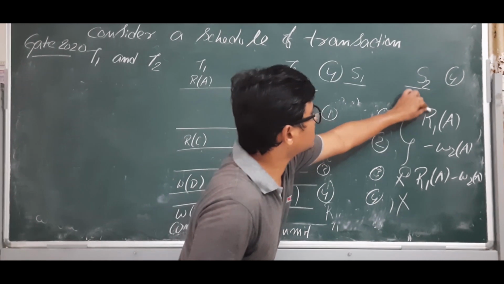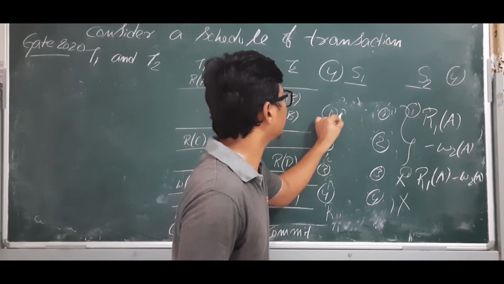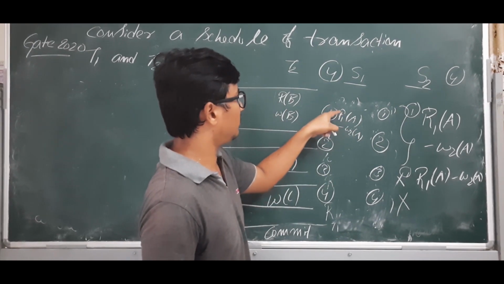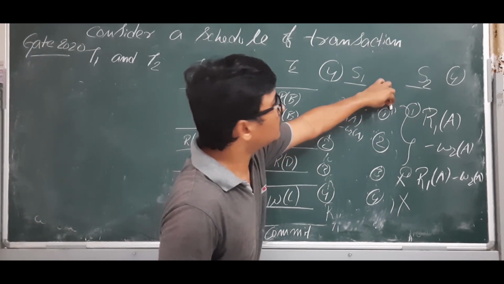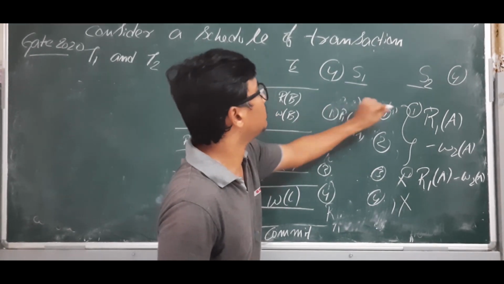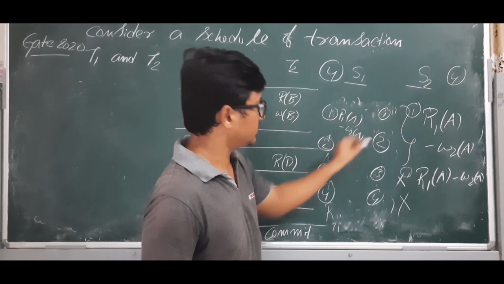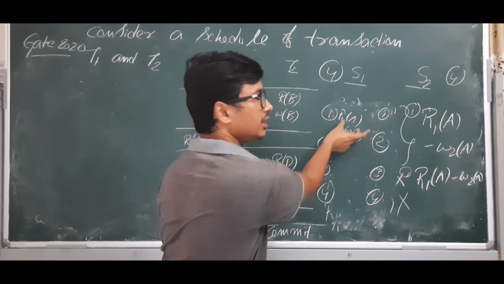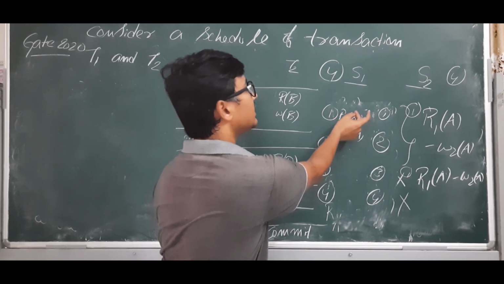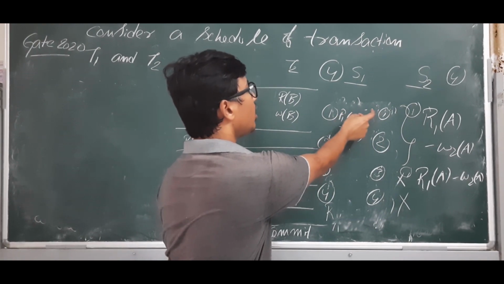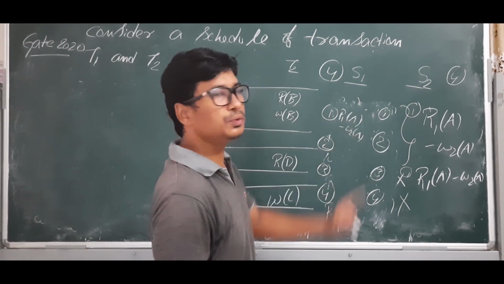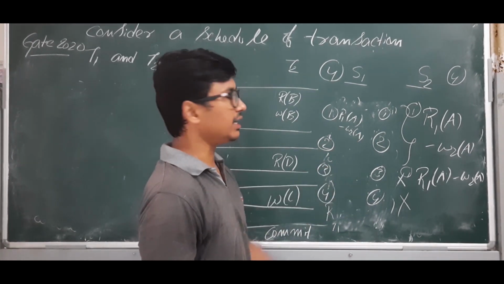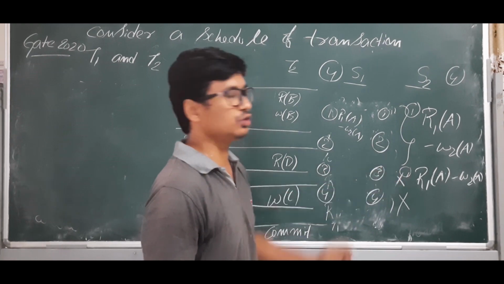Now if read 1A, write 2A is the first conflict operation in S1, it need not be the first one in S2. It can be conflict operation 3, but the order should be the same: R1A means transaction 1 is reading a data item A, and W2A means transaction 2 is writing on a data item A.